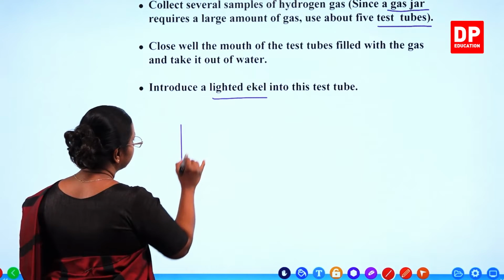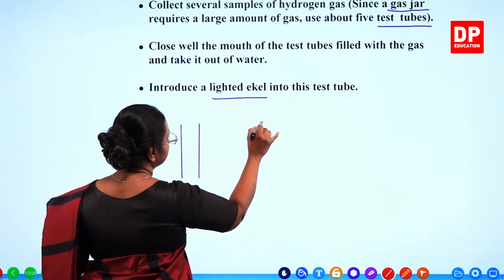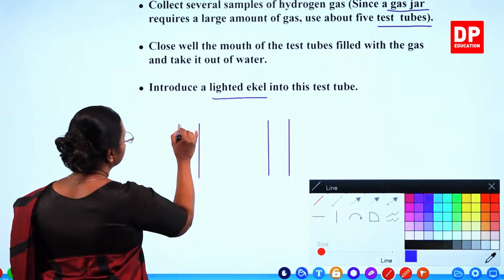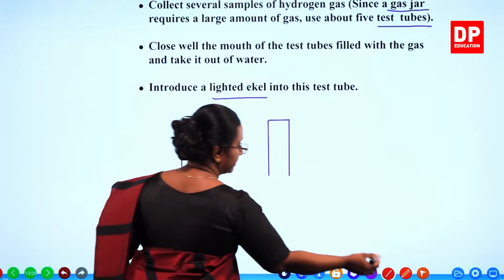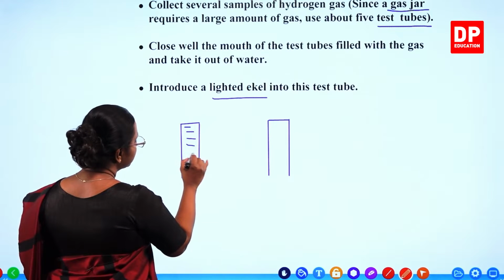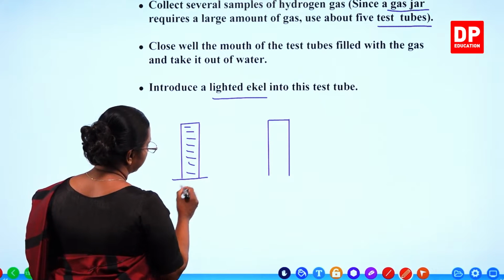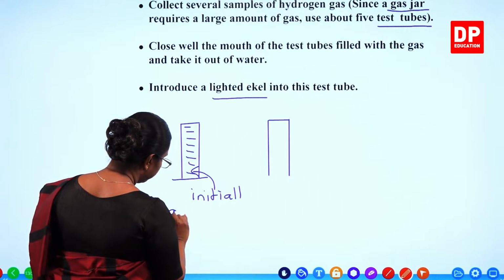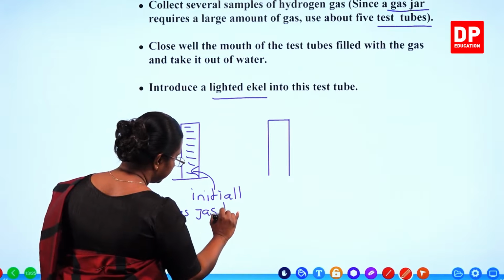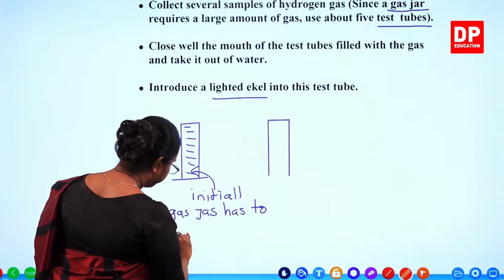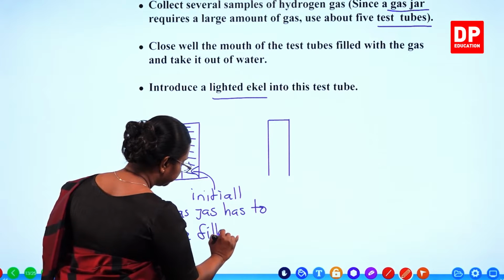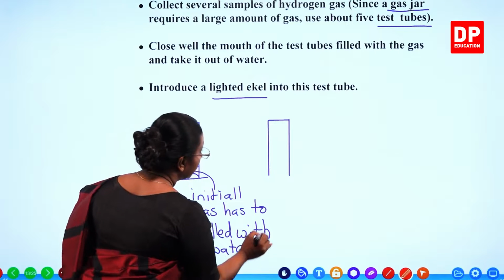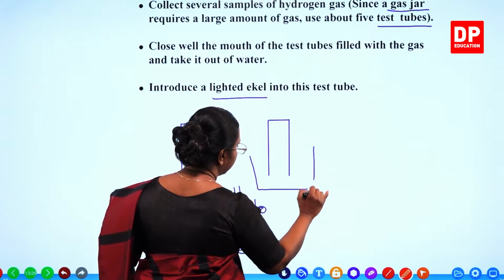So here we have the gas jar. This gas jar has to be filled with water initially.